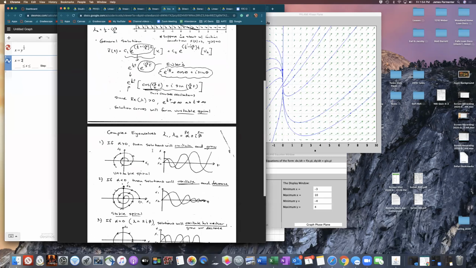that's exactly what's happening. If you have something like we have here where our eigenvalues both have positive real parts, like here, we're saying alpha is the real part and alpha is greater than 0, we have this outward spiral. What's happening with x and y is they're both getting larger and larger, but they're oscillating back and forth because of this part right here.